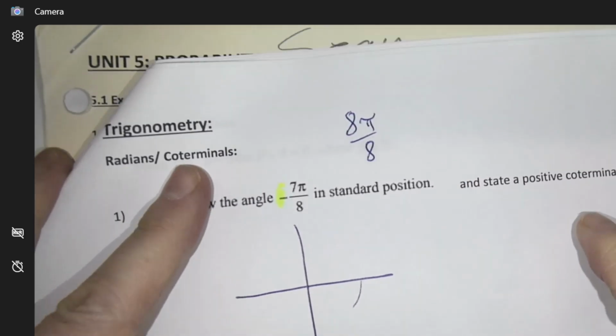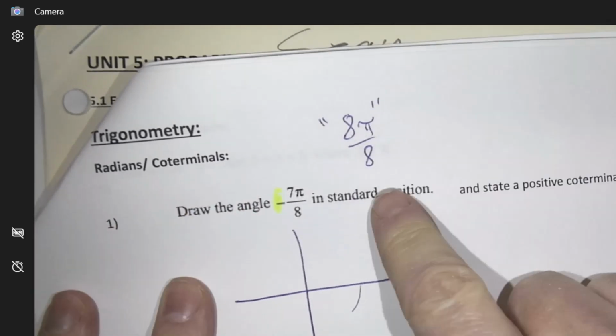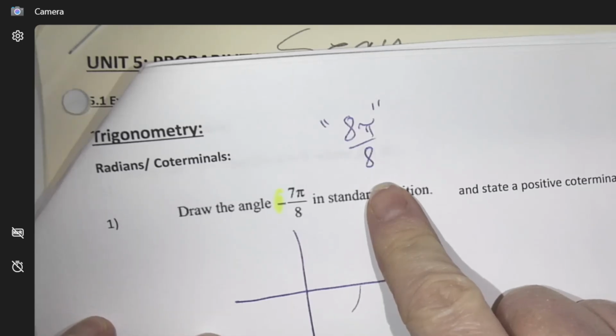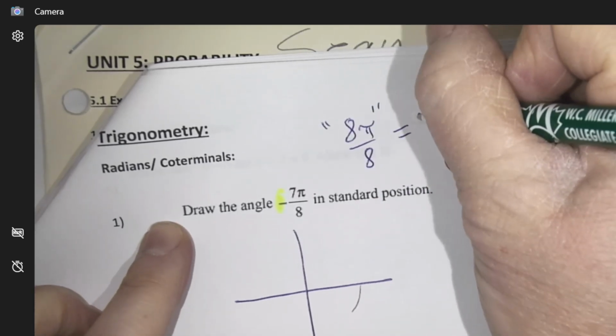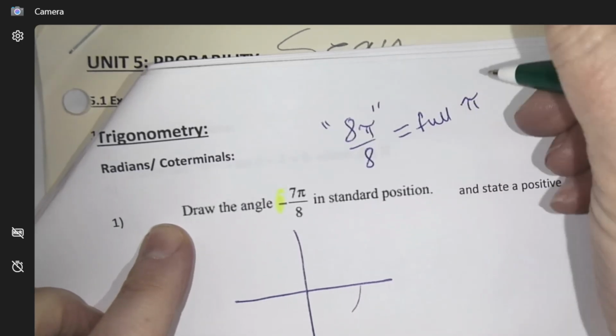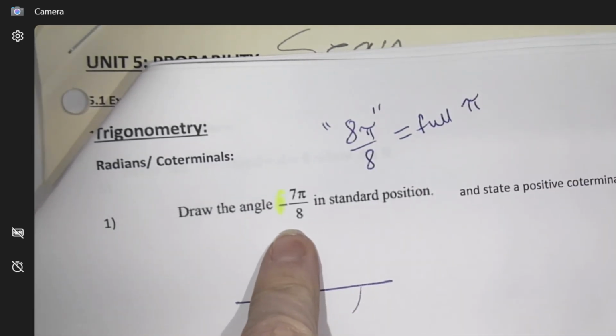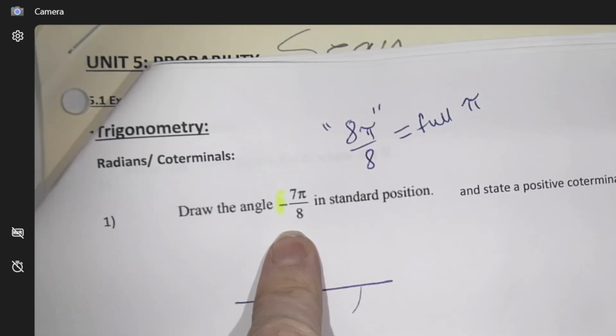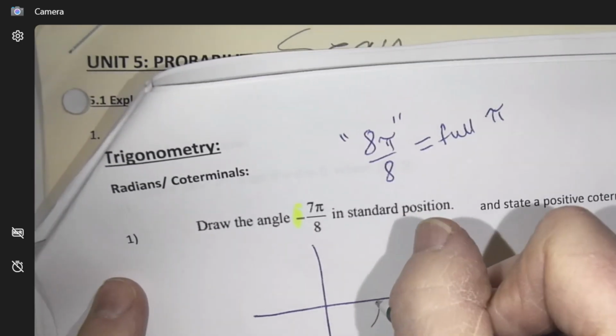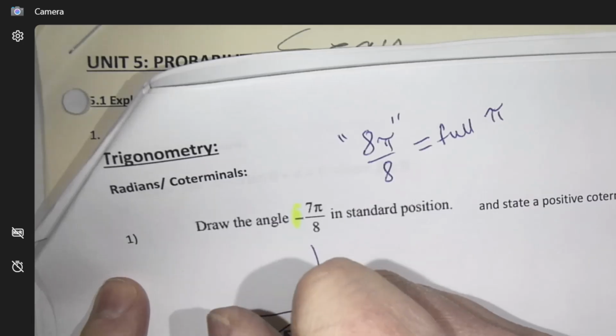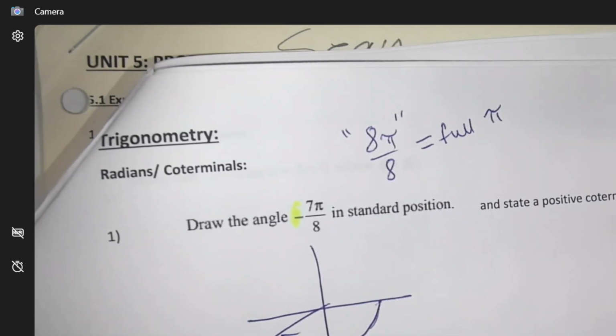Okay, here's my thought process. 8 over 8 is the same thing as doing a full pi, a 1 pi. 7 over 8 is just less than that, so I'm going to do just less than a pi.